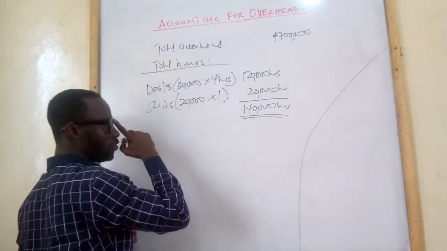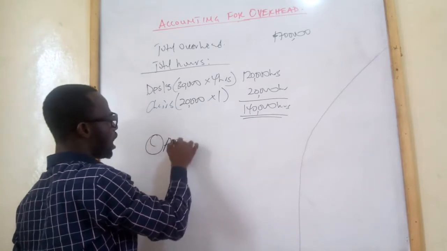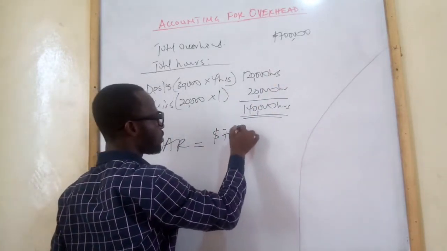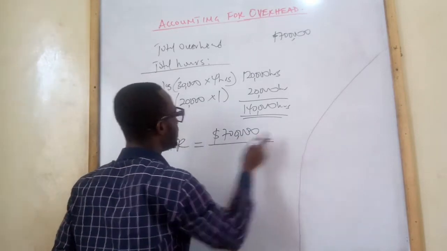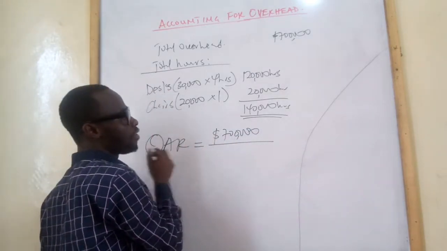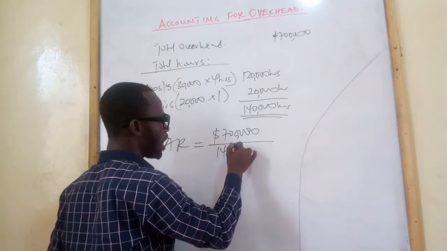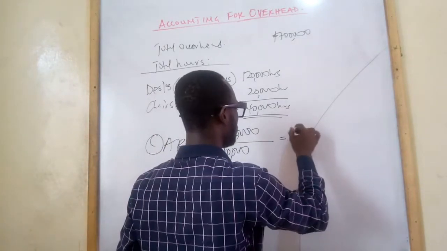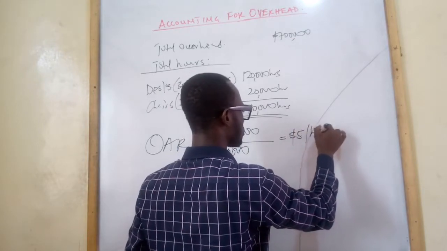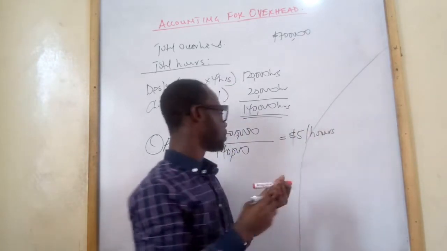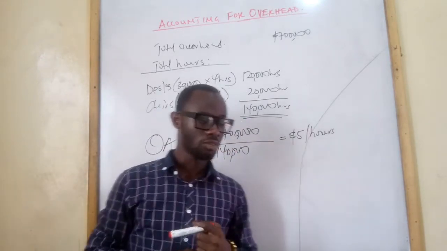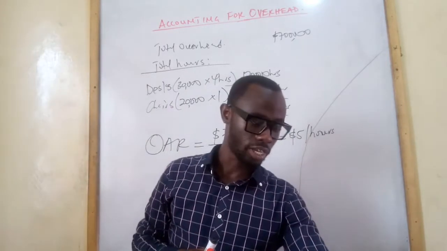So overhead absorption rate is going to be the total overhead incurred, 700,000, divided by the labor hours, and that is going to give us $5 per hour. So 700,000 over 140,000, that will give us $5 per hour.